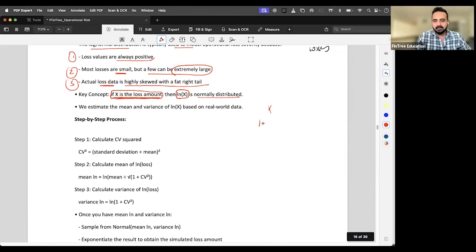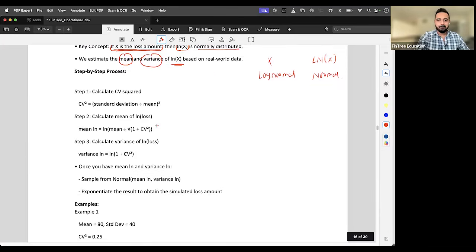X is log normal distributed, therefore natural log of X is normally distributed. In the same way, once we know the mean and variance of the actual loss amount, then we can figure out what would be the mean and variance of the natural log of X. Okay, so let's see how that will work.